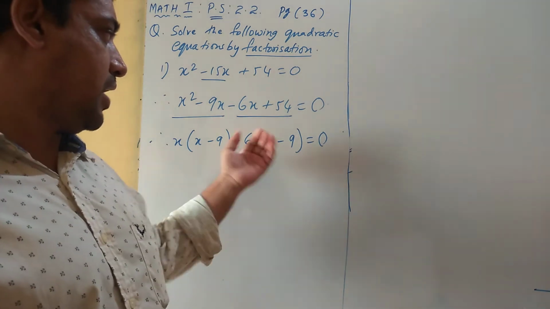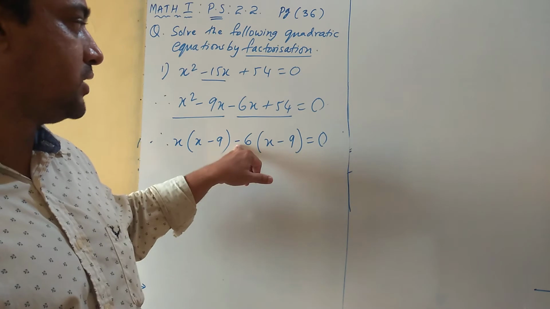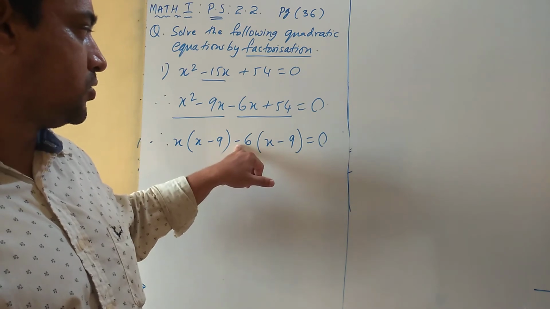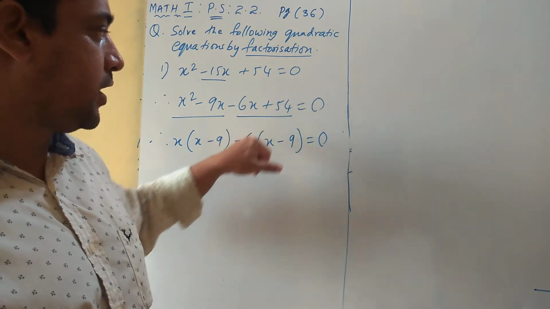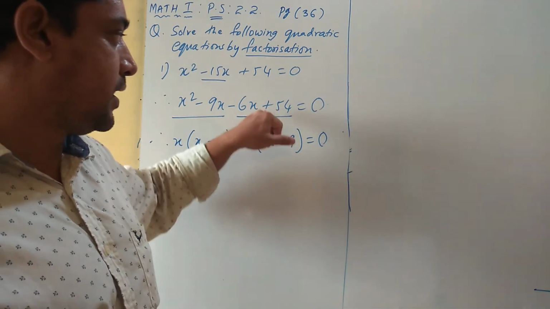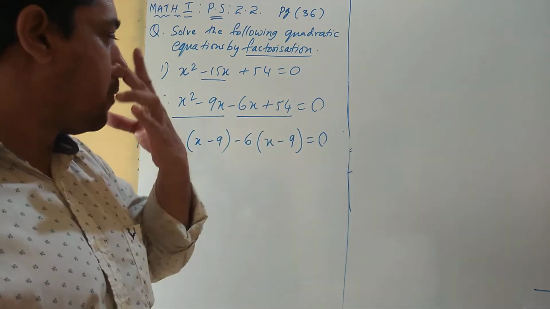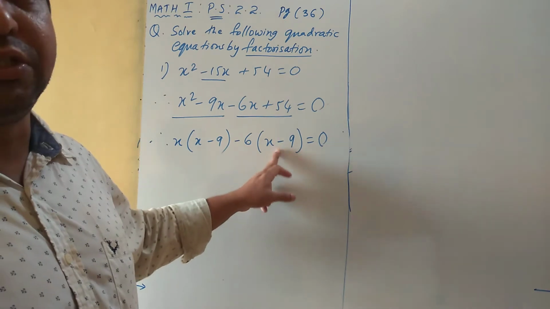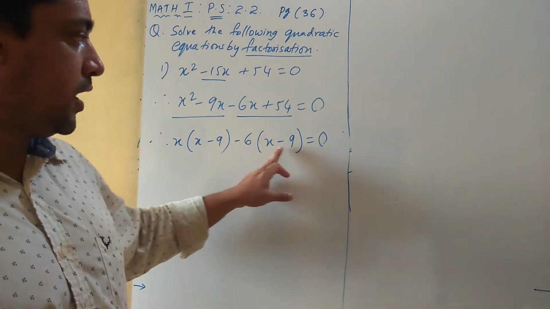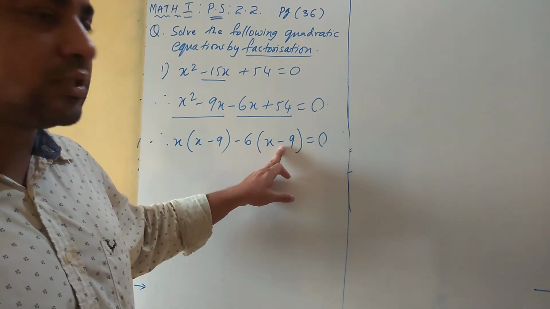When I'm taking minus 6 as common, the sign will change. Why? Because when I open the bracket, again I should get positive 54, correct? Check, minus minus plus, and 6 9s are 54. So whenever you are having a negative sign here, always the sign will change here. If this was positive, then you need not change the sign, but the negative sign is here, so you'll have to change the sign here also.